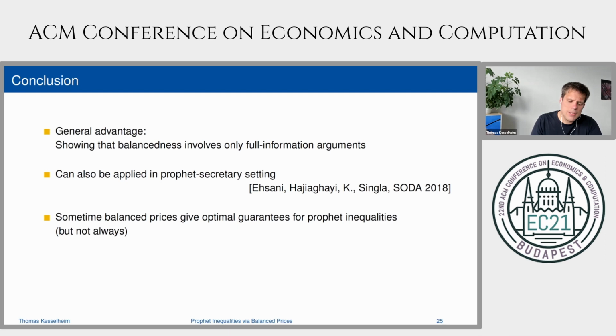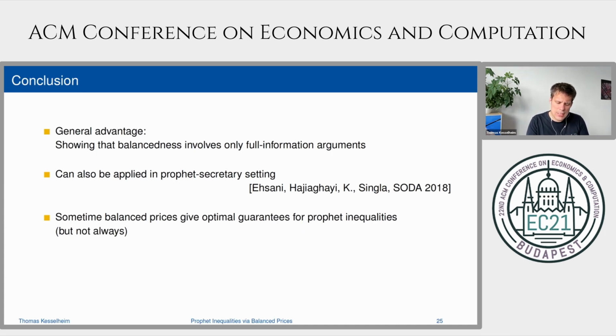This you can, in principle, also apply to the profit secretary setting. Unfortunately, we didn't have time to cover this setting in which the buyers arrive in a random order. It's more difficult there, but there's at least something that you can do also with balanced prices. But there you won't get the optimal guarantees, or at least we don't know whether you will get the optimal guarantees for which settings.